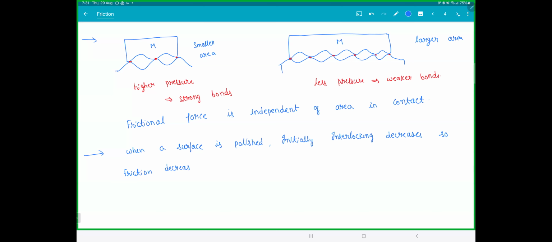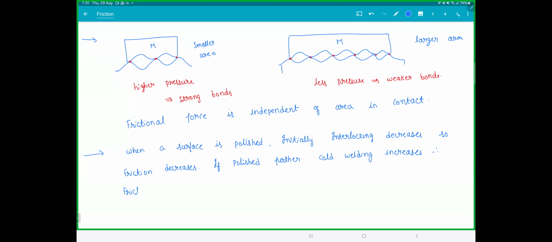Friction starts increasing. If polished further, now you're bringing more and more points into contact. Basically, the nature of the surface changes. Cold welding will start increasing, and therefore, friction increases.